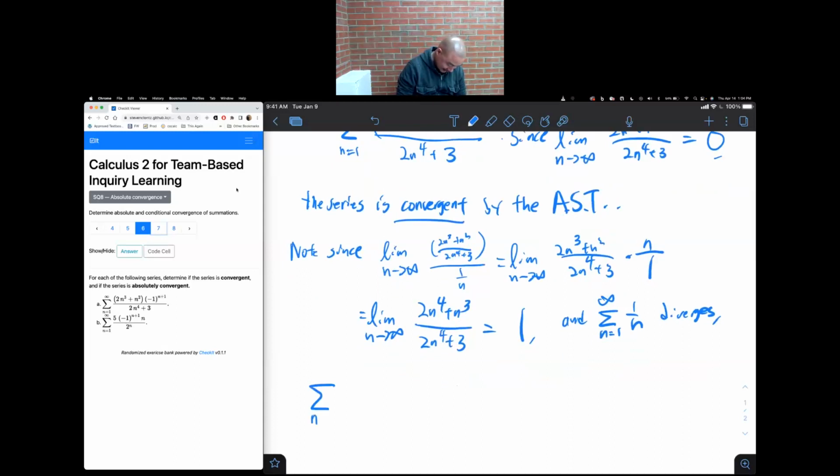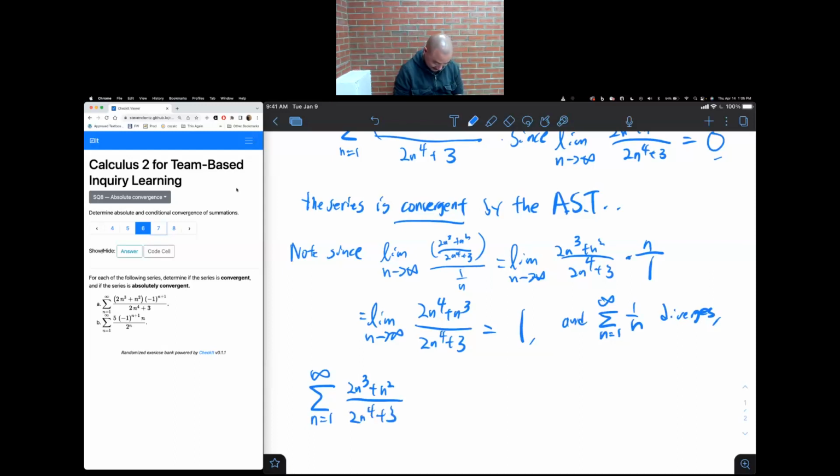So the sum from n equals 1 to infinity of 2n cubed plus n squared over 2n to the 4th plus 3 diverges, and the series is not absolutely convergent.